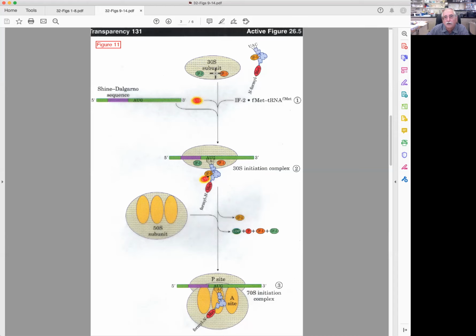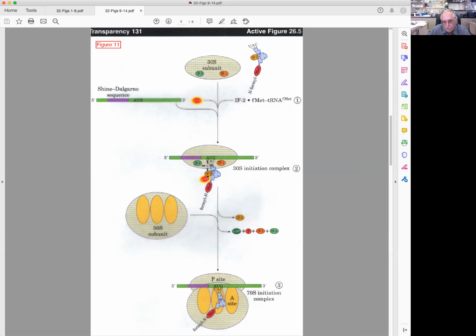Initiation factor 1, 3, don't worry about that stuff. All you need to know is that there are such things as initiation factors. You need to know that it requires GTP, and then you need the first loaded-up tRNA. So when you have all these things together at binding, then the large subunit can bind to the small subunit.